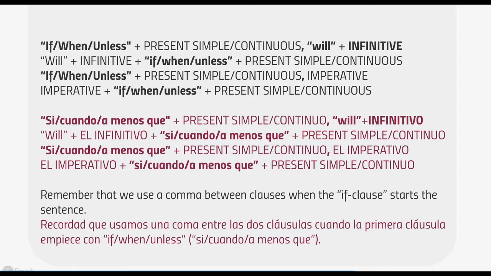If, when, unless plus present simple or continuous, comma, imperative. Or another way: imperative plus if, when, unless plus present simple or continuous. Remember that we use a comma between clauses when the if clause starts the sentence.